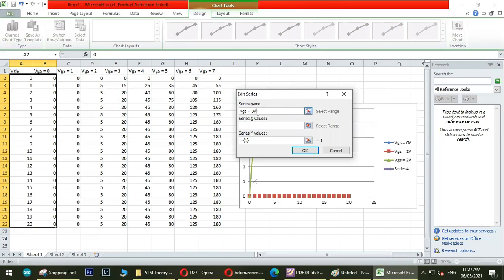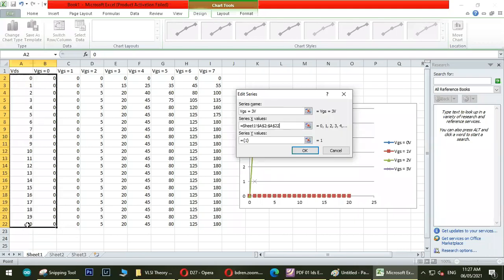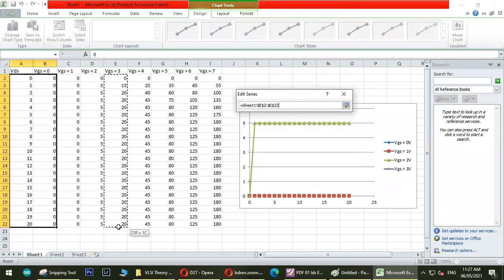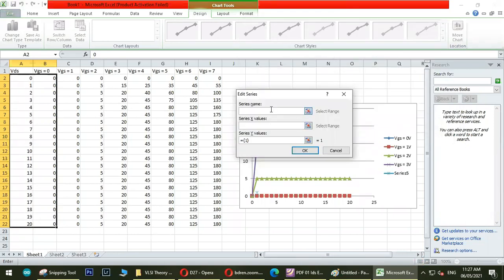Now I want to add another one. Your VGS will be 3 volt. Your x-axis will be this one. Your y-axis will be this one. Add another one.